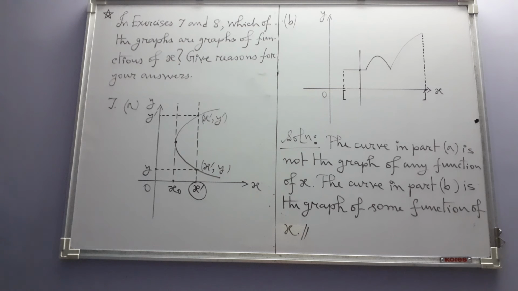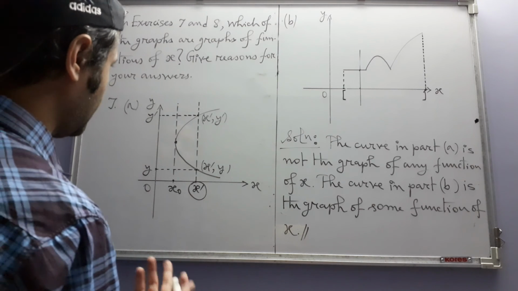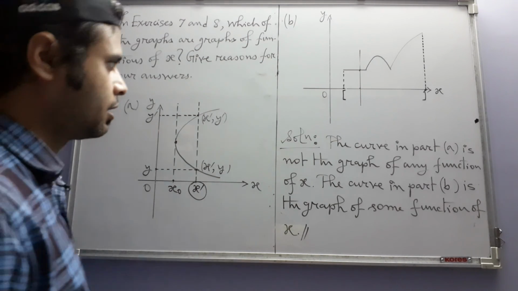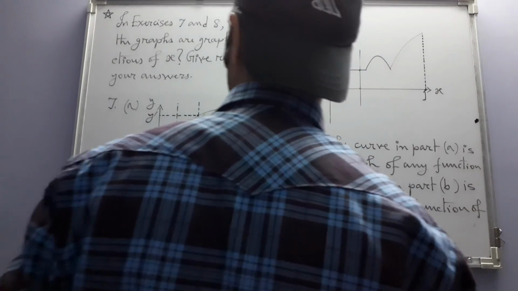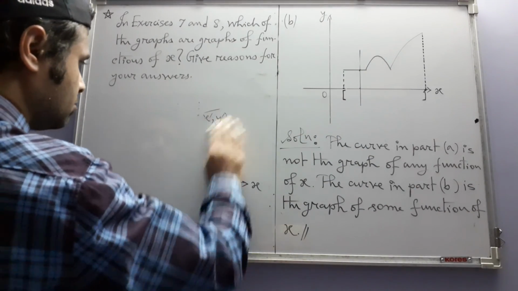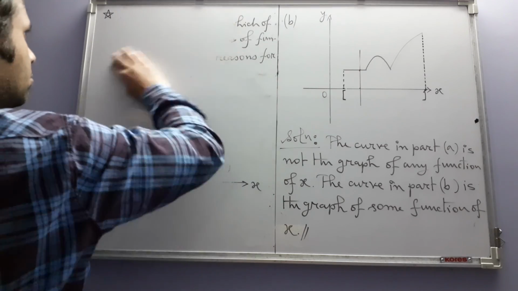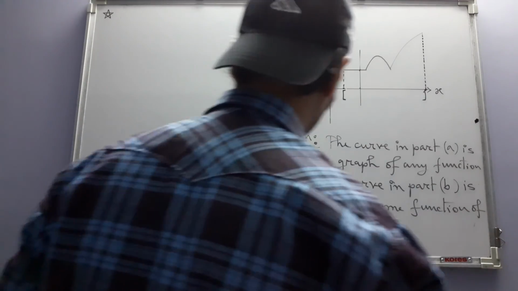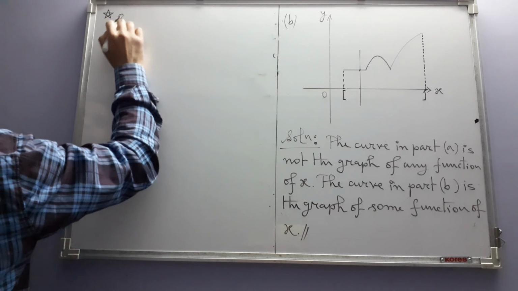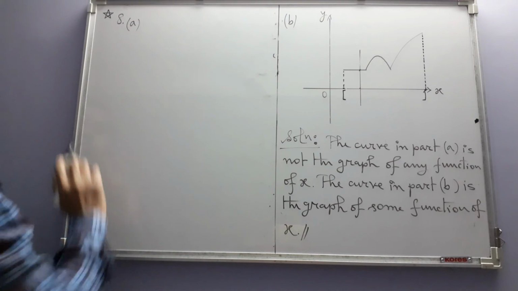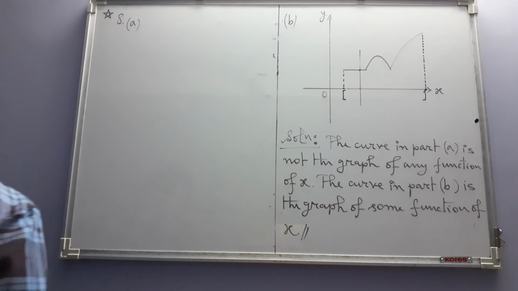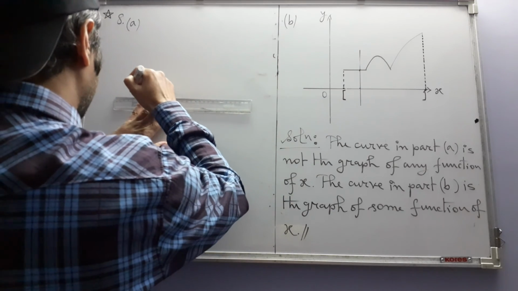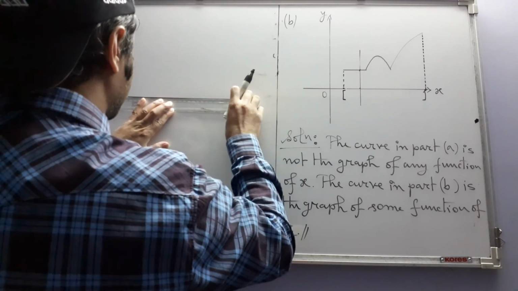And just like that, there is another problem. I mean, the 8th one, where also we are given two such curves. For the 8th one, part A curve looks like this. This is even more messed up than the part A of 7.